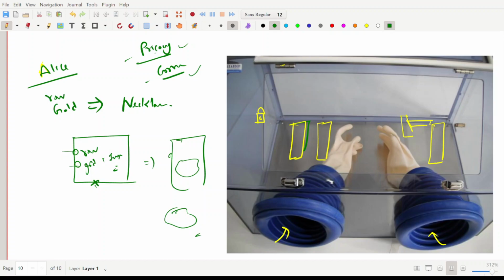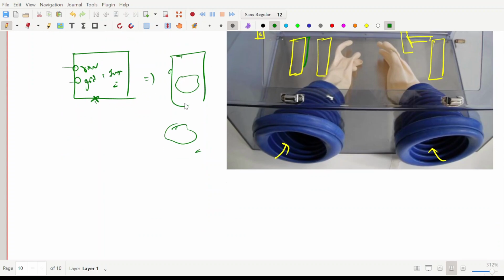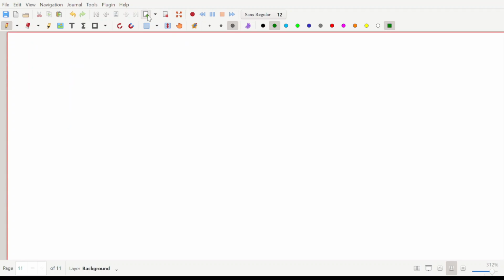So today, let me start with the somewhat homomorphic encryption scheme over integers, as I told you. This was given in 2011.